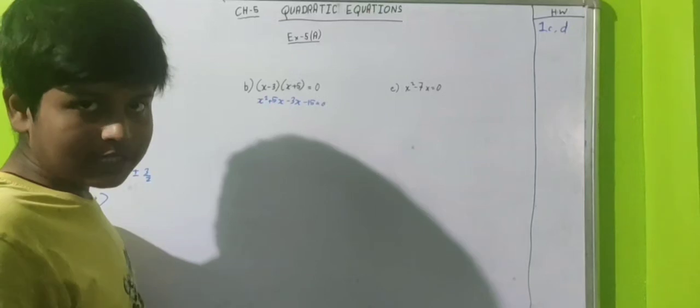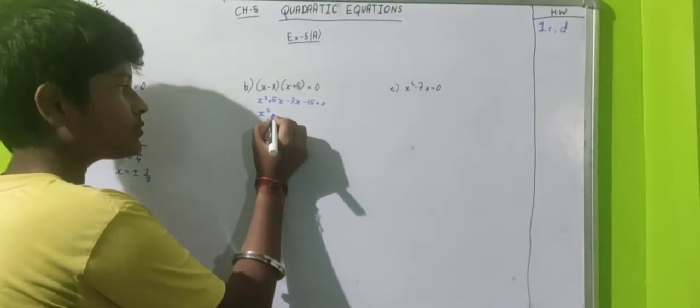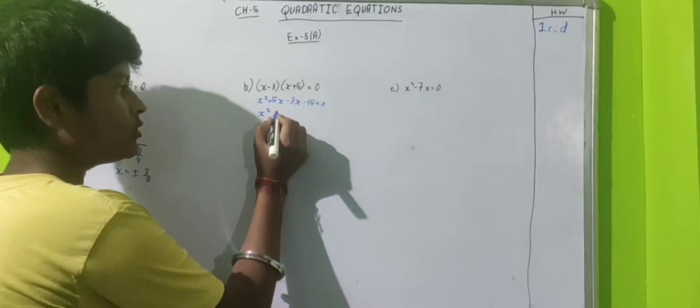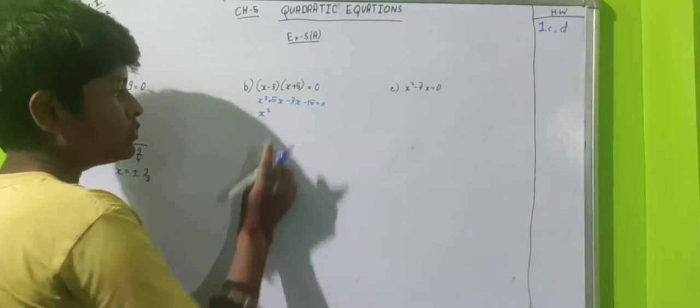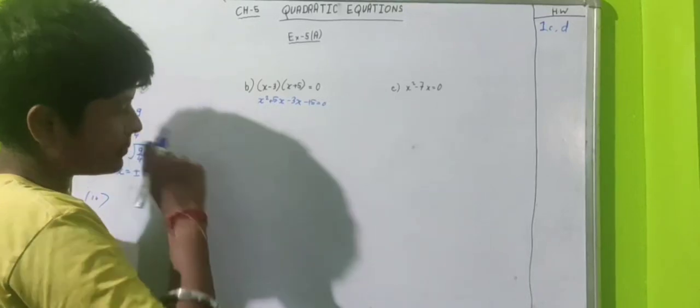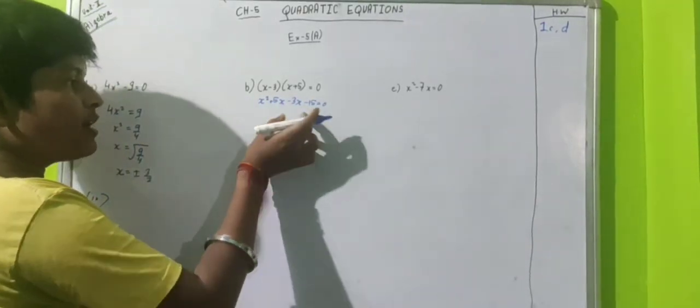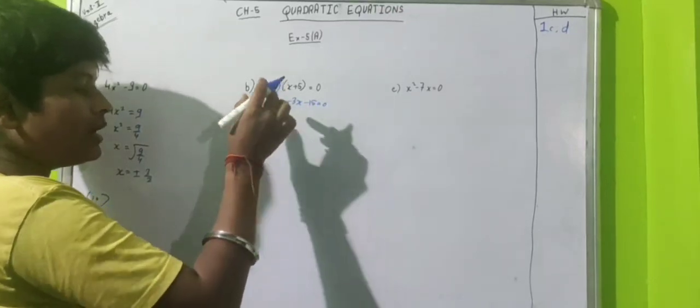Variables one side and constants one side. So here it is already middle term split.